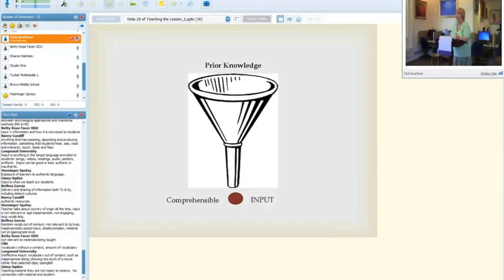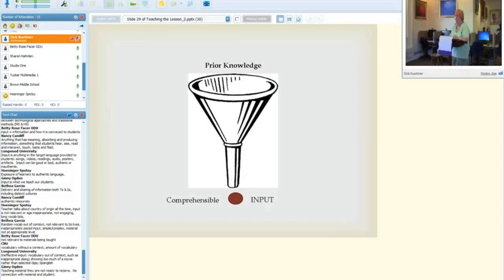And then as we start to narrow that down in our discussion or our examples or our visuals, we finally are able to access the new input, which is very specific, very focused, and in most cases quite small until they have acquired it, they're comfortable with it.